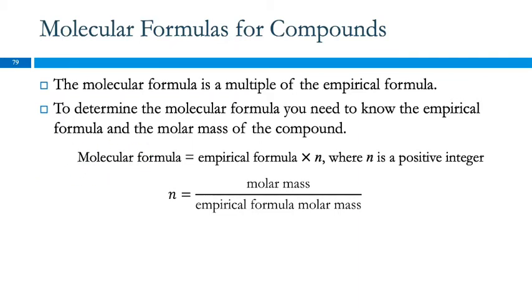So the way we find out what that number n is, we take the molar mass of the compound that they tell us, and we divide it by the molar mass of the empirical formula. We've got our empirical formula, we calculate that molar mass, and see how many times that fits into the actual molar mass. And that tells us what to multiply all of our subscripts by.